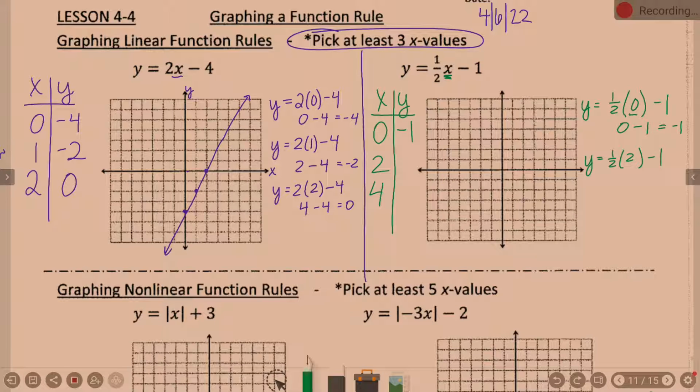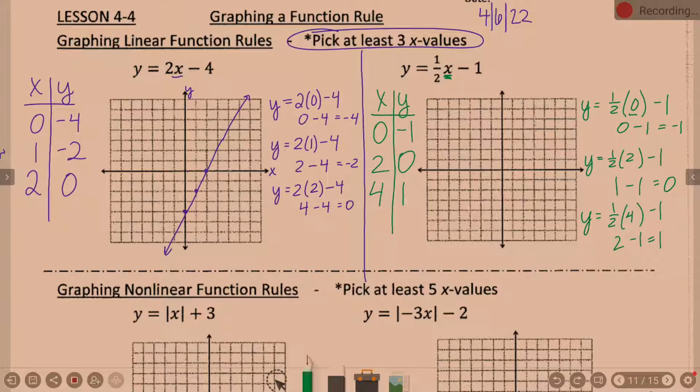So half of 2 is 1. 1 minus 1 is 0. And if we put in 4, what's half of 4? 2. Or in other words, maybe I should say, what's 4 divided by 2? That's 2. 2 minus 1 is 1.